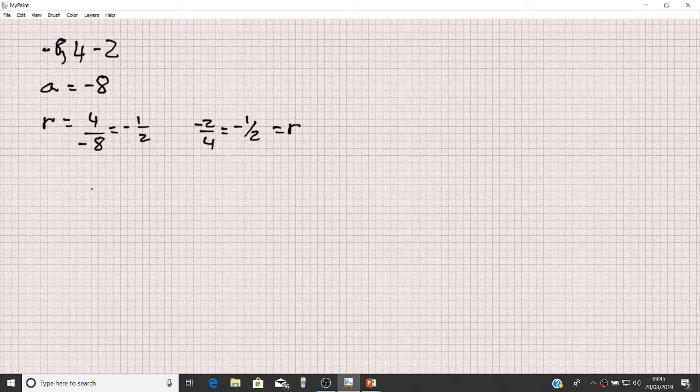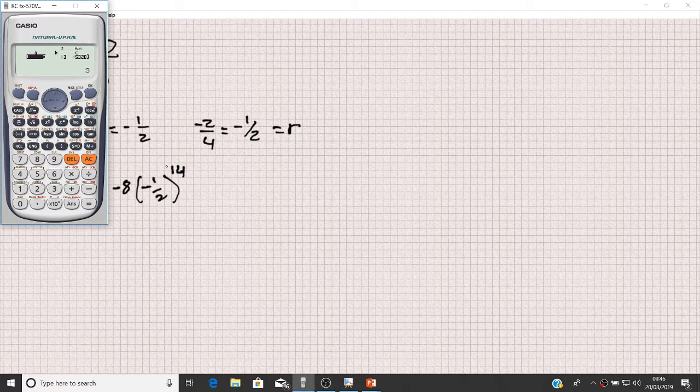So we want to find the 15th term, U15. U15 is given by A, negative 8, times negative half raised to the power of 14. This will give us a very small quantity, but let's bring up the calculator and calculate it in any event. So just go back to the computation setting.